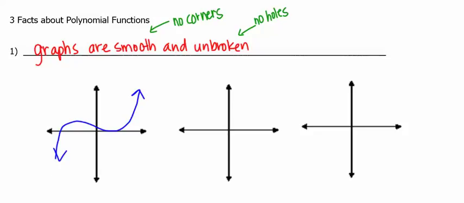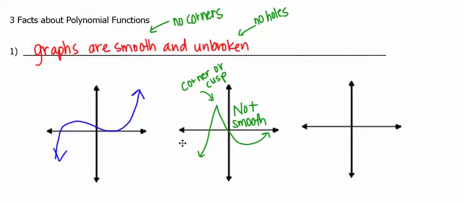Now here is not smooth. This right here is what they call a corner or a cusp. This is not smooth. If the graph is not smooth, it is not a polynomial function.